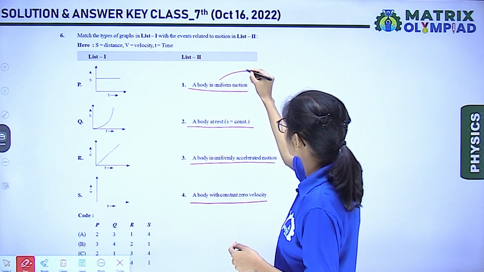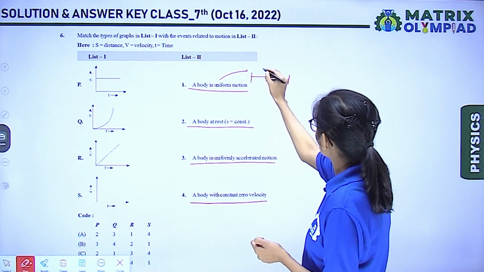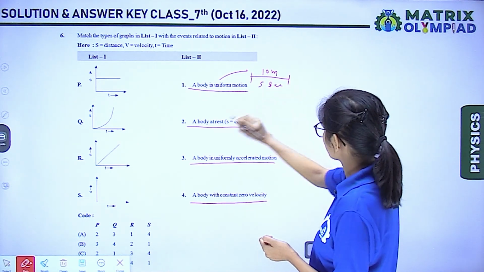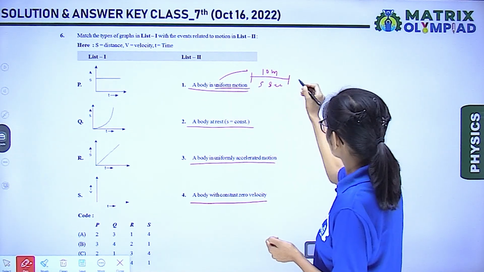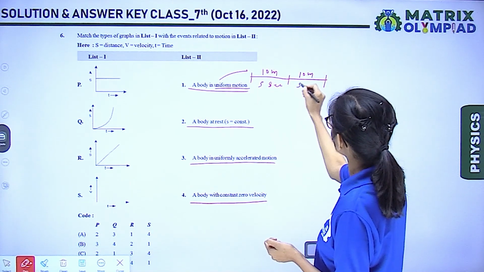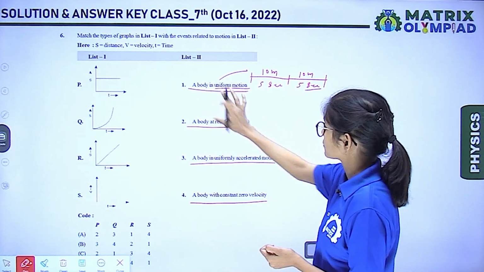What is uniform motion? If an object covers 10 meters in 5 seconds, and the object is in uniform motion, then the next 10 meters will also be covered in 5 seconds. This type of motion is known as uniform motion.